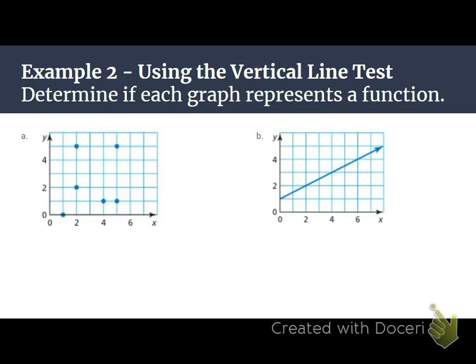I wouldn't just test one vertical line though. I'd put in a few of them. And see if you believe this is a function or not. On number 2, letter A, do we think this is a function? Yes or no? No. Heard several no's. Do I have any yeses?